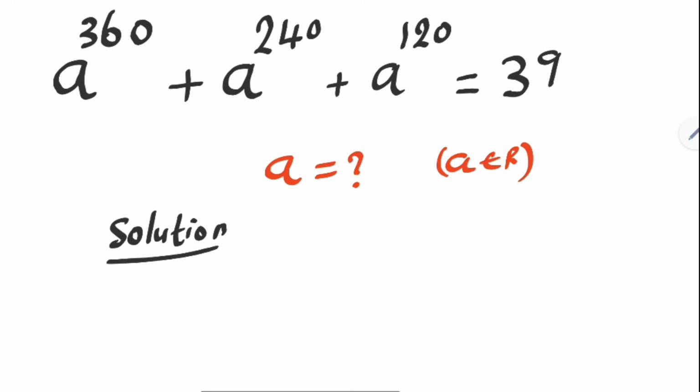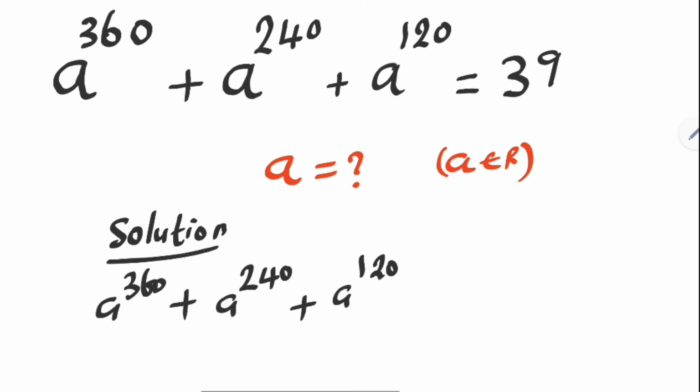The given equation is a raised to power 360 plus a raised to power 240 plus a raised to power 120 is equal to 39.